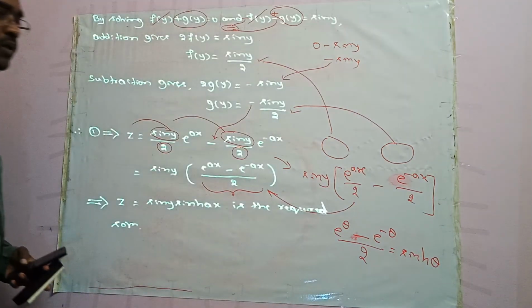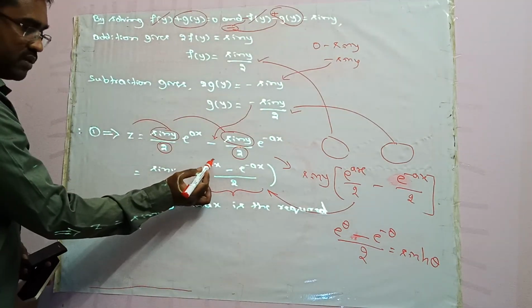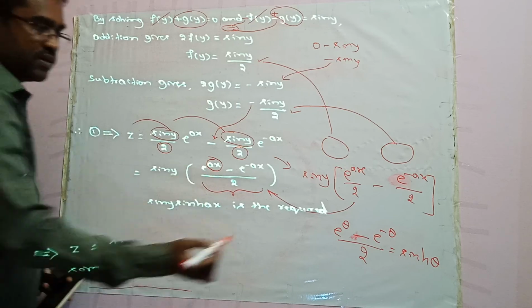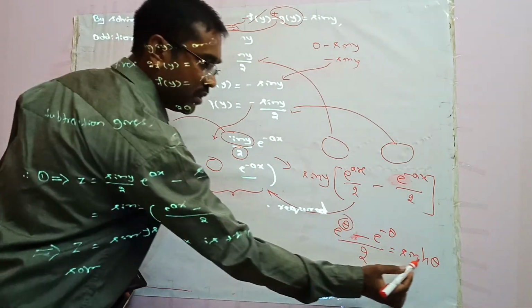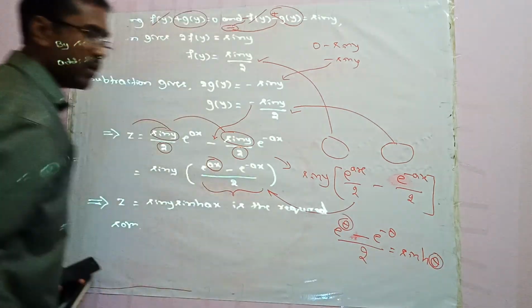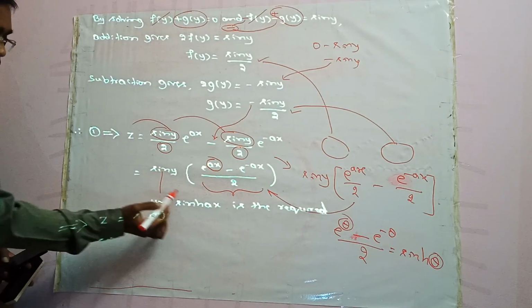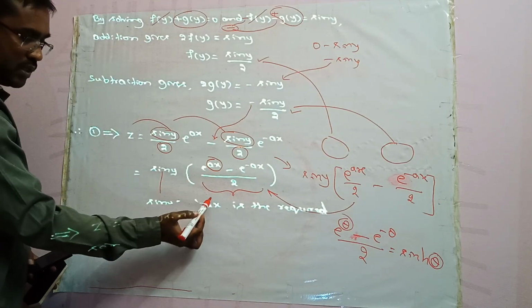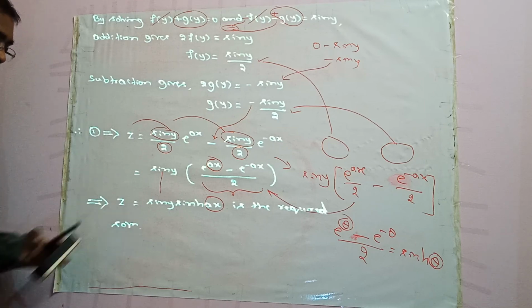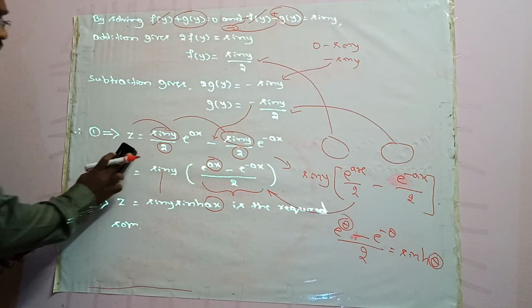So in the place of theta we have ax. So what do you get? Sin y sin hyperbolic ax is the required solution for the given PDE.